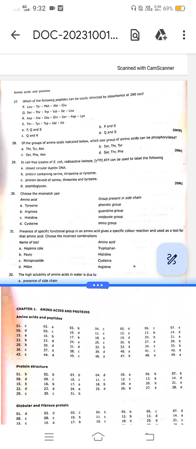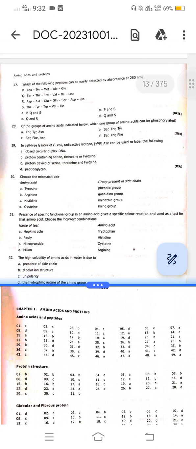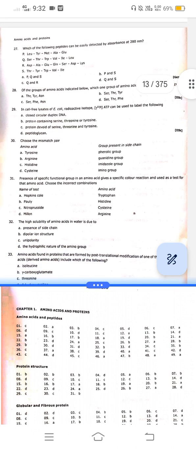And choose the mismatch pair. D. Cysteine imino group. All other answers are correct. So tyrosine phenolic group present in side chain, arginine guanidino group, histidine imidazole group.